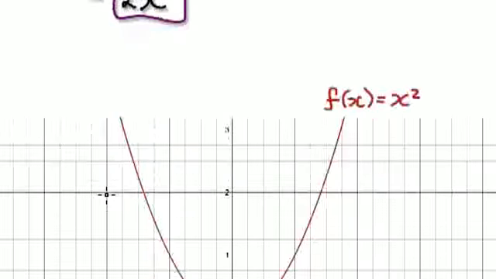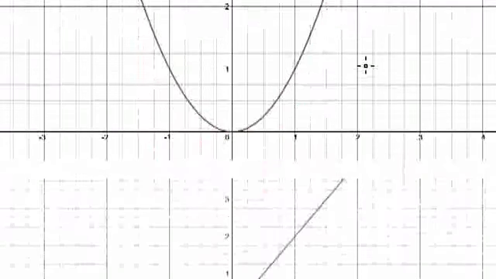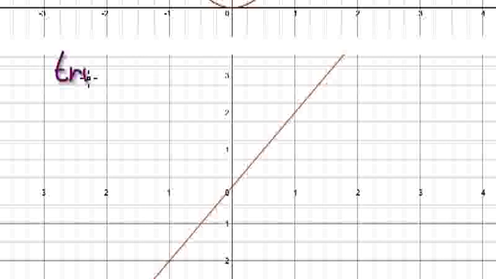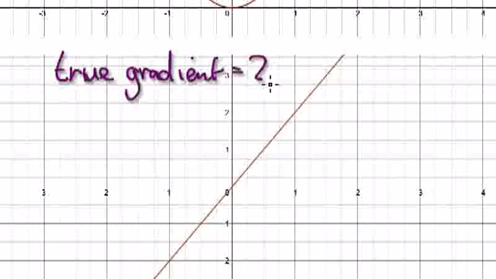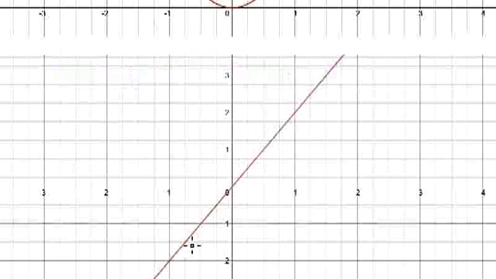So when you look at this here, this is our function f of x. f of x equals x squared. But we just worked out that the true gradient equals 2x. That means this is our gradient graph, if you like.